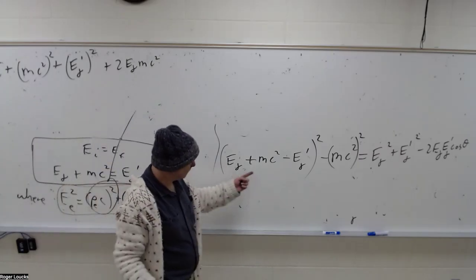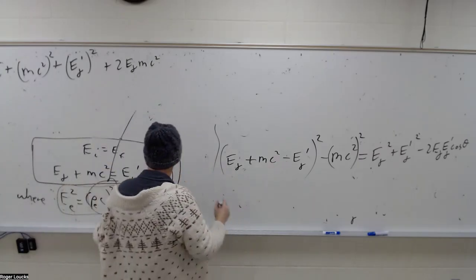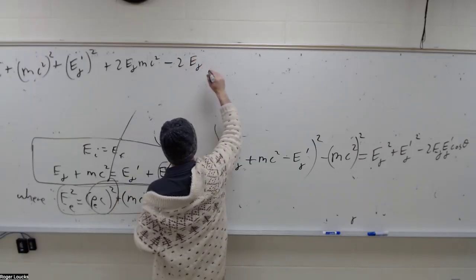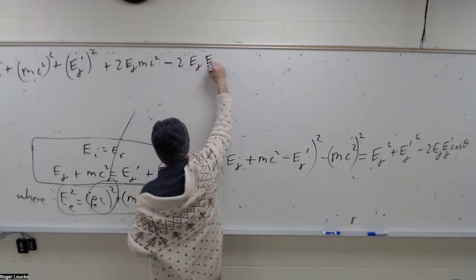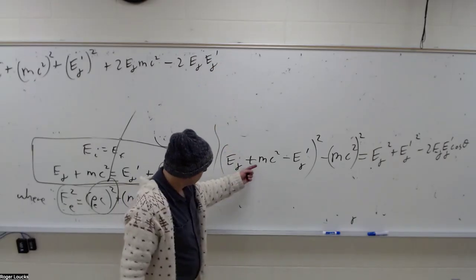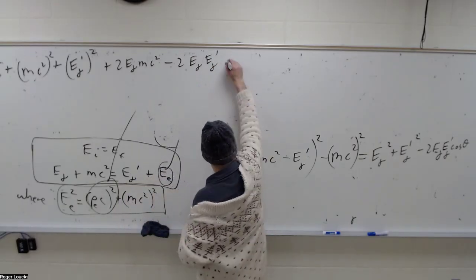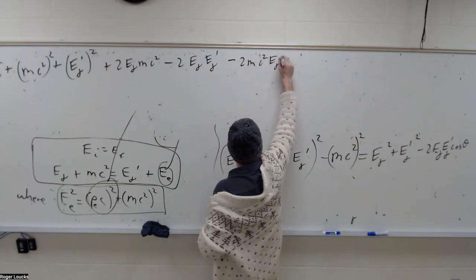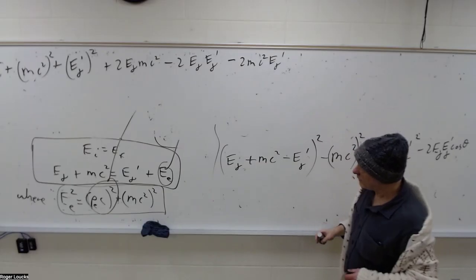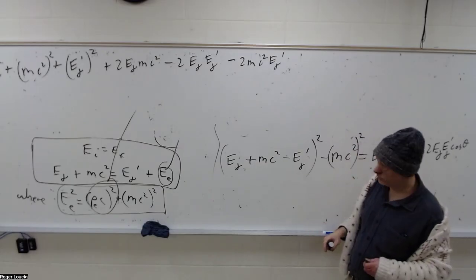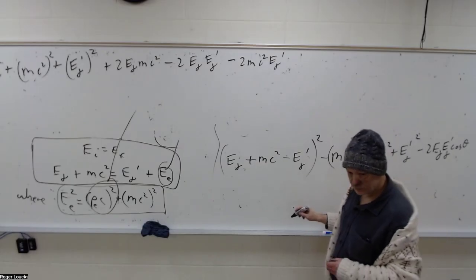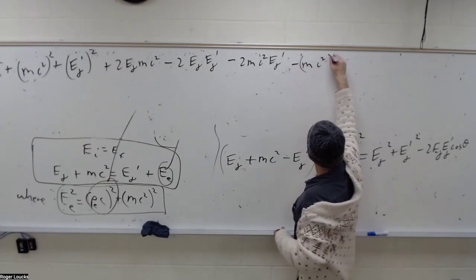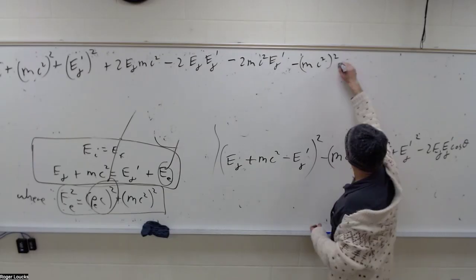I'm gonna get this times this twice, and it comes with the minus sign. And then I'm gonna get this times this twice. So that's that whole thing squared. Then we subtract my buddy here, and that equals the right side.